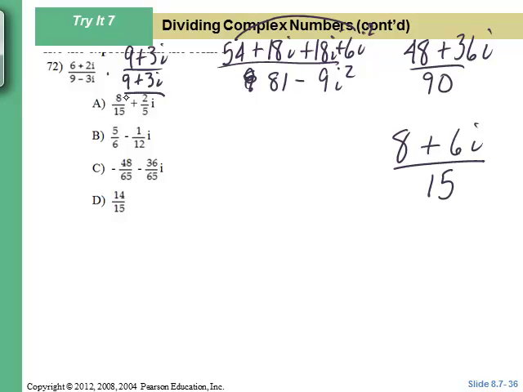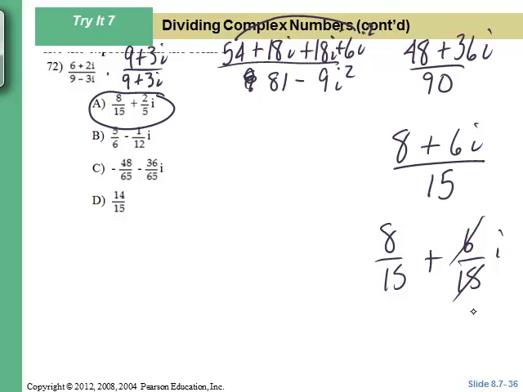Oh, I see. They just simplified this even more. 8/15 plus 6/15. I divide both of these by 3. You get 5 and 2.